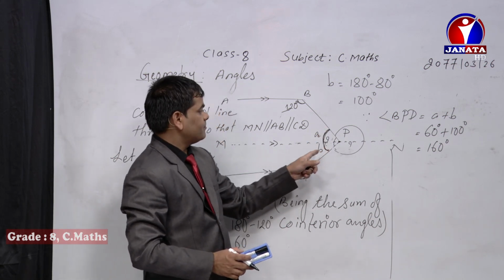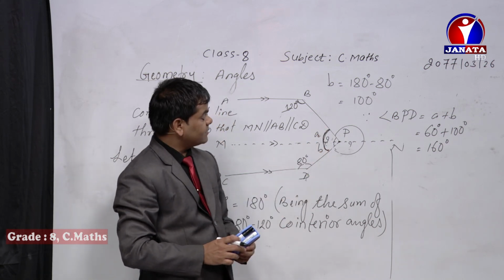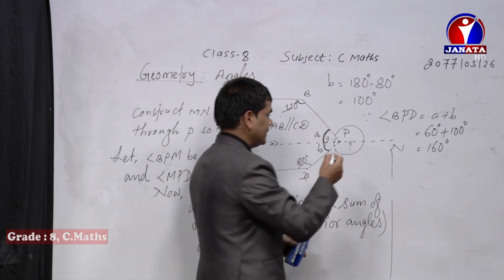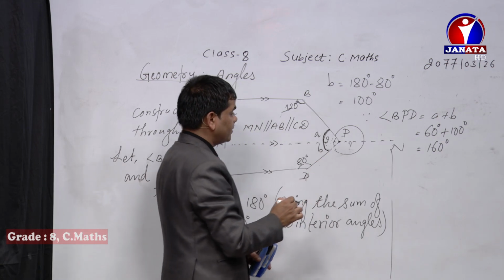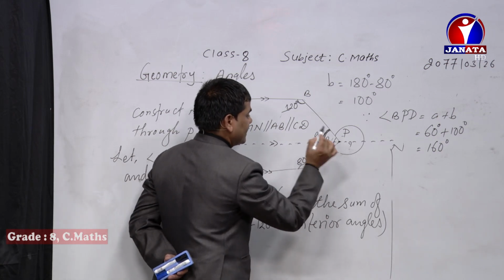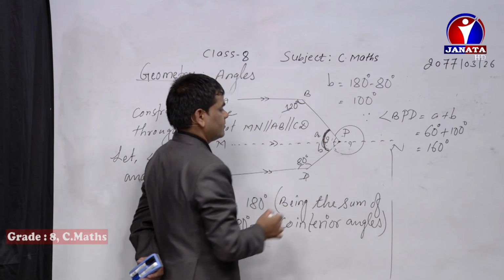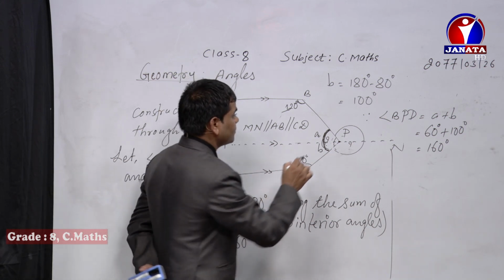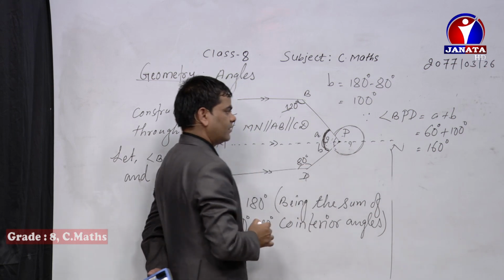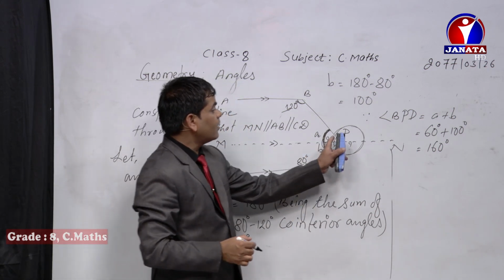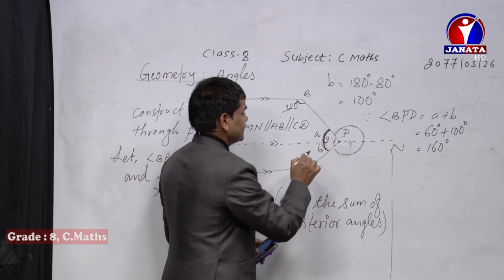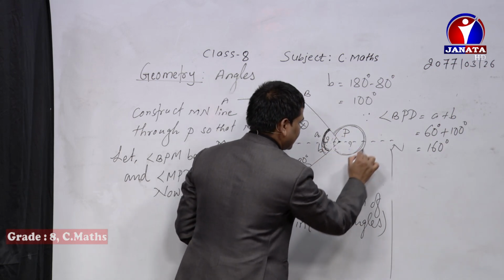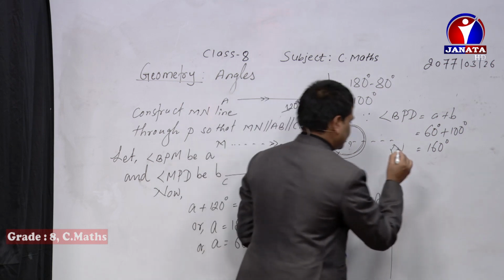Obtuse angle BPD. At a point there will be two angles, dear friends. One is the obtuse angle, the smaller angle, and another one is known as the reflex angle. If you have to find out reflex angle BPD, that means we have found just now this side angle, so now if you have to find out the other side, what do you have to do?